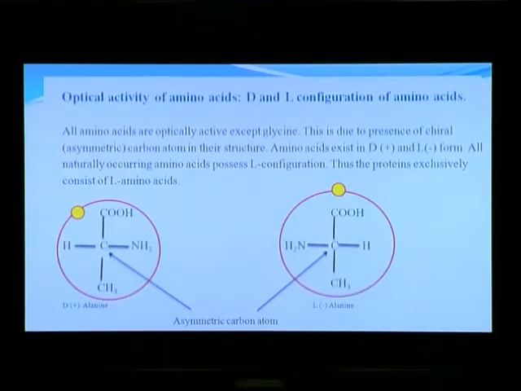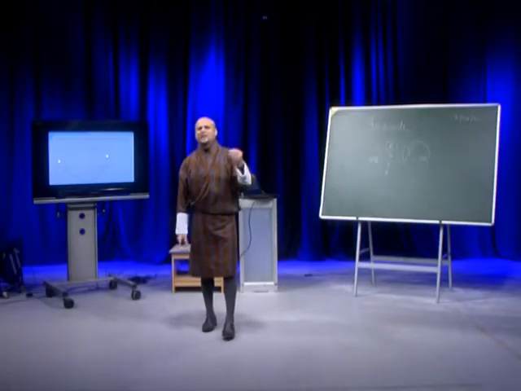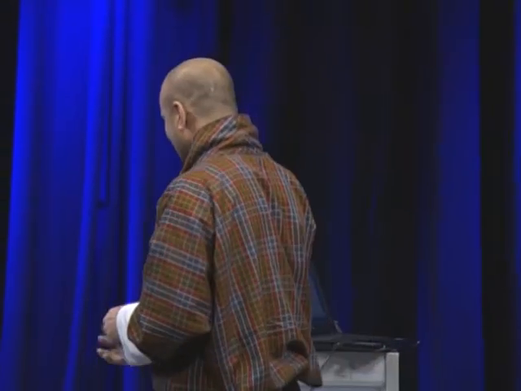Now let's look at the optical activity of amino acids. Almost all amino acids are optically active because they contain an asymmetric carbon atom, except glycine. Glycine is the only amino acid which is optically inactive.